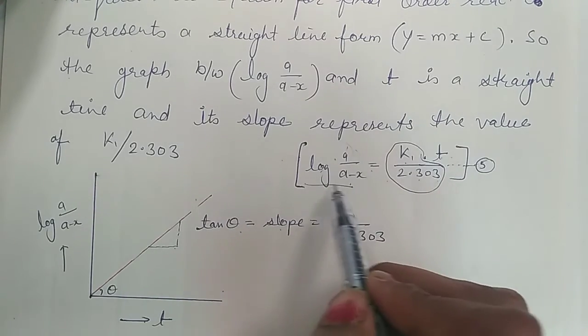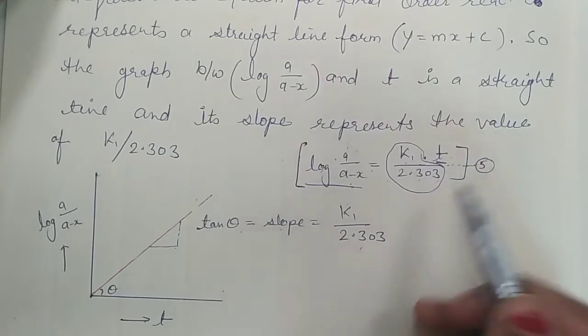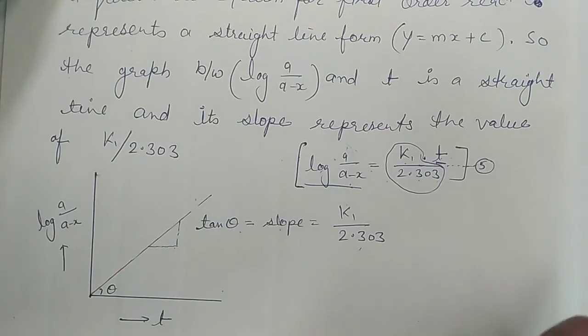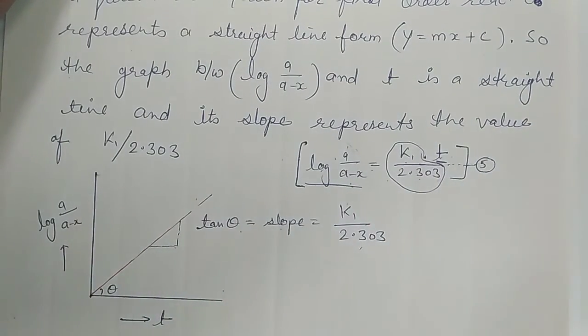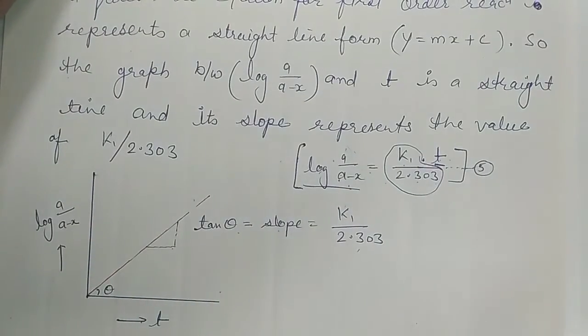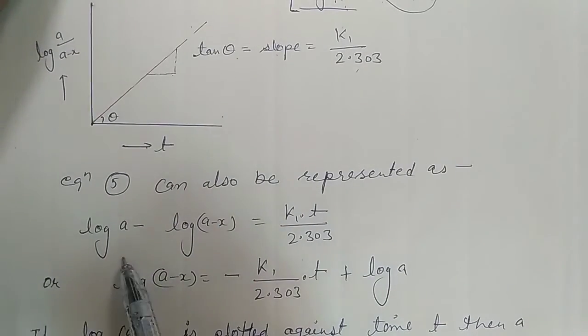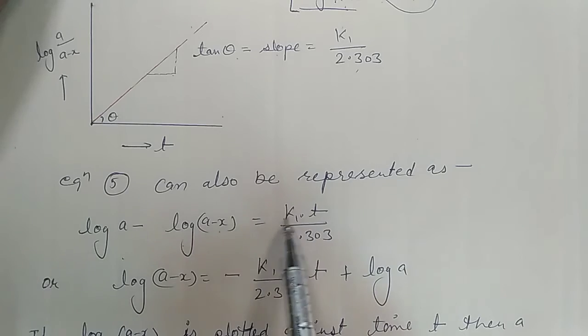Or we can say this equation can also be written as log A minus X is equal to K1 t upon 2.303, or log A minus X is equal to minus K1 upon 2.303 t plus log A.